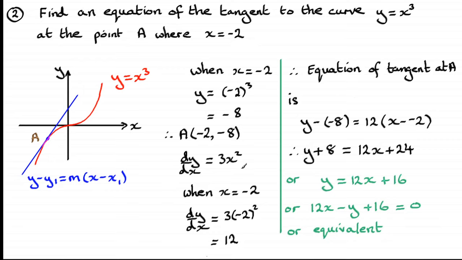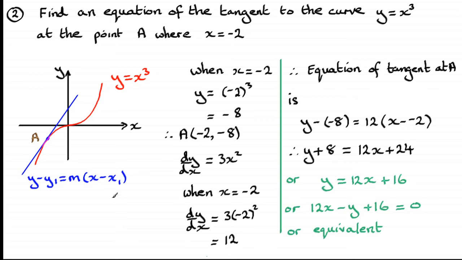We differentiate to get the gradient of the curve at any point. Substitute x equals minus 2 into dy/dx to get the gradient at the point A. That'll be the gradient of the tangent. Turns out to be 12. And then I can just substitute my coordinates, minus 2, minus 8 for x1, y1 respectively, into this equation form here.